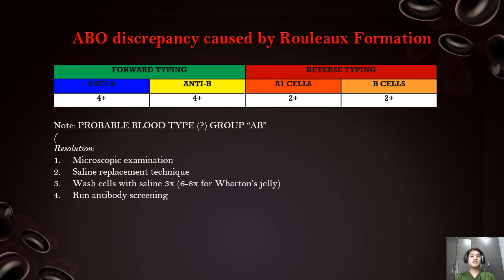So washing the red cells with normal saline solution will provide sufficient resolution for the Wharton's jelly. And lastly is to run an antibody screening or antibody panel. That will be discussed in a separate week's discussion.